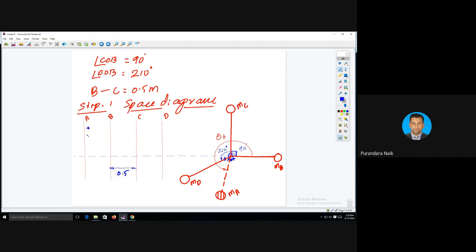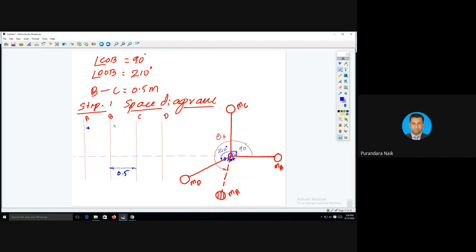A is not possible. Let's go to B. The distance between B to C is known, but B to A is unknown, and B to D is also unknown. Out of three distances, one is known, two are unknown.